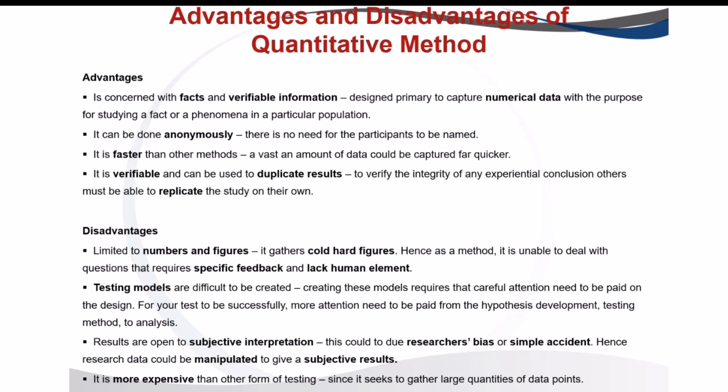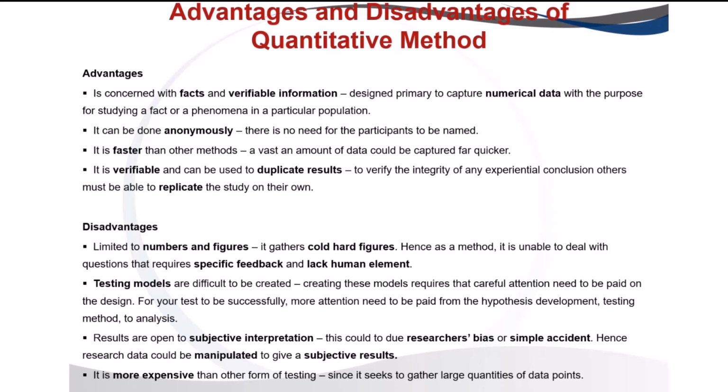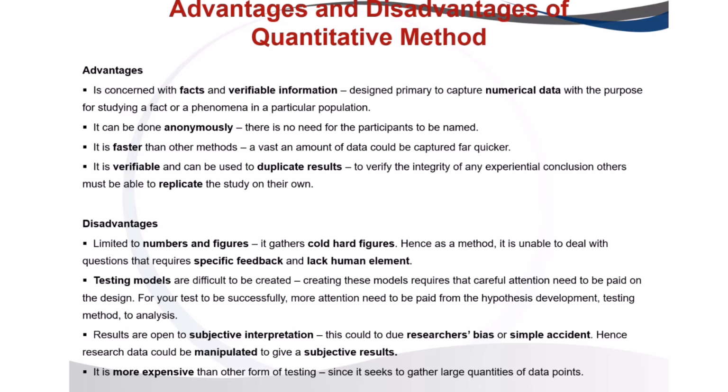But in your writing up, colleagues, please bear in mind, at honors level, definitely, this content is more important. When you say at honors in your research proposal, I'm going to use the quantitative method, you need to describe what the quantitative method is all about, and also the advantages and disadvantages of this method.